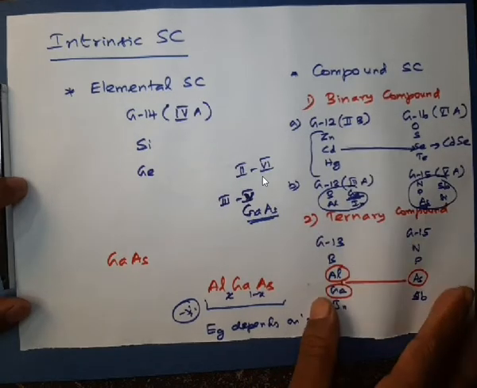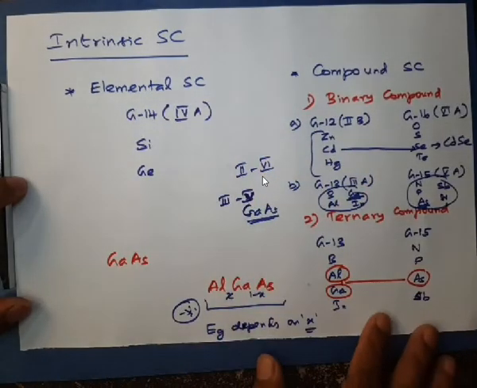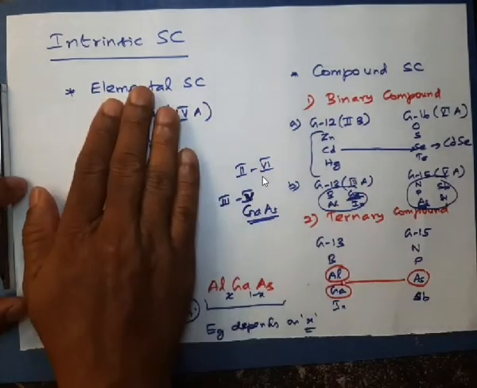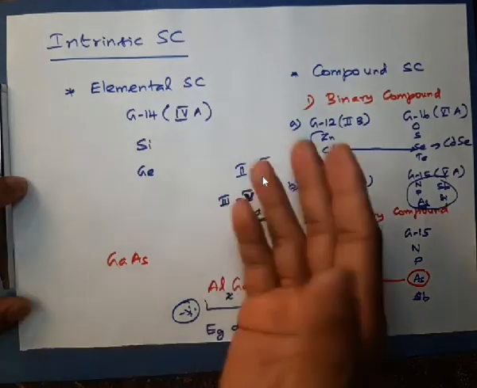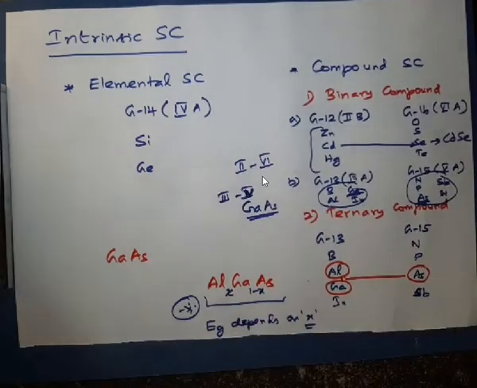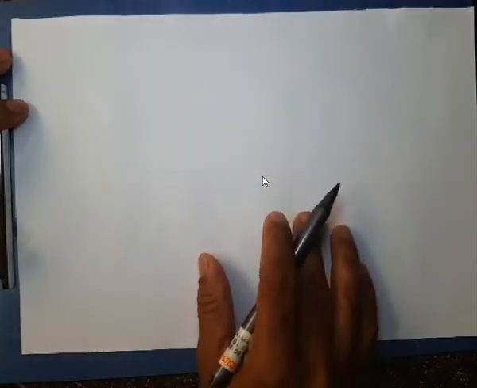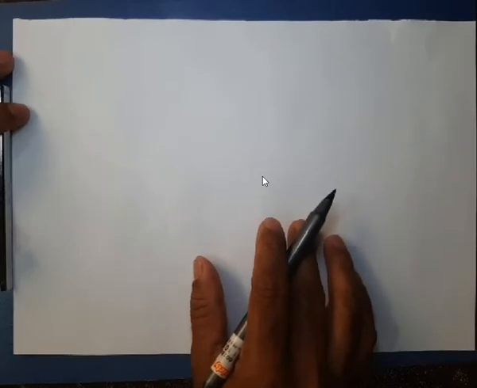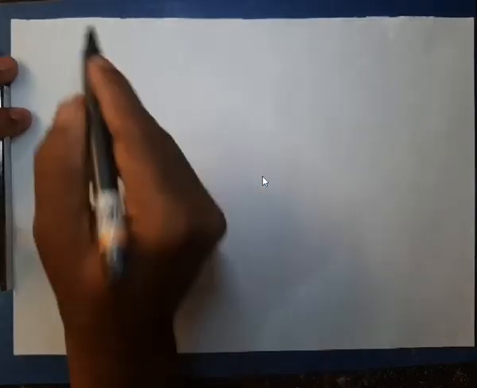Now, apart from this classification, where we have elemental and compound semiconductors, we also classify semiconductors into two, based on whether the semiconductor has a direct band gap or an indirect band gap.